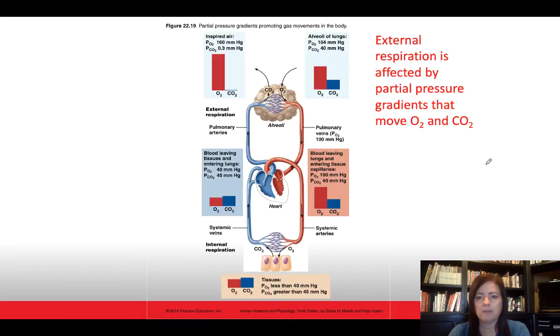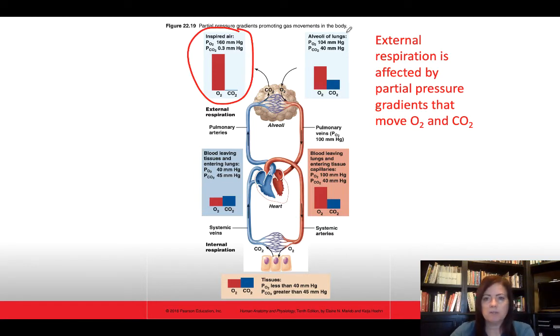So how does this tie in? And this is how we see it as a whole. Here's our inspired air here. And here's our partial pressure of oxygen at 160 and our partial pressure of carbon dioxide at 0.3. That's the air that we're breathing in.